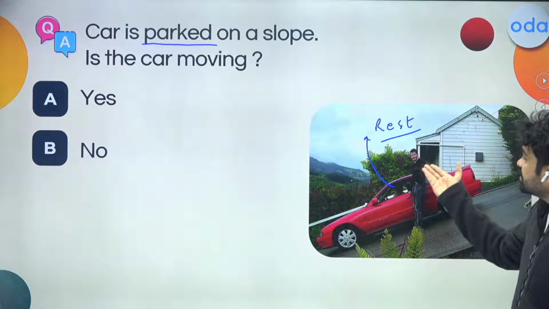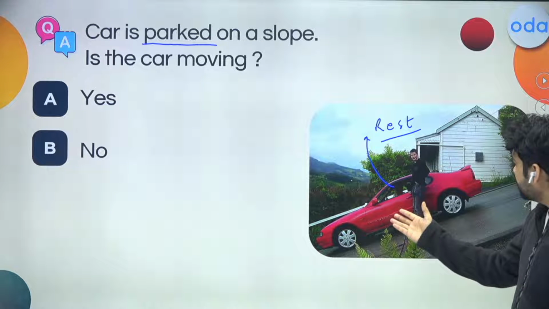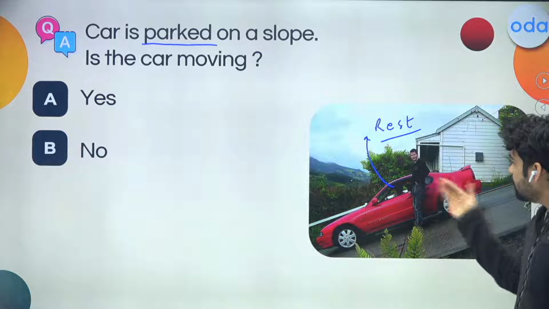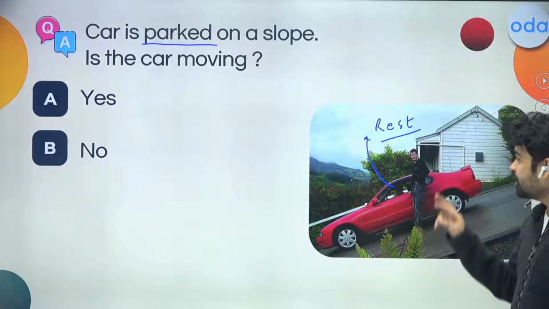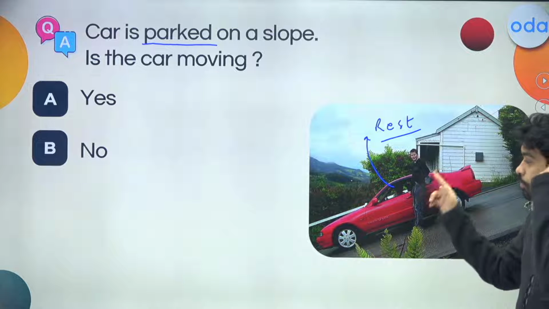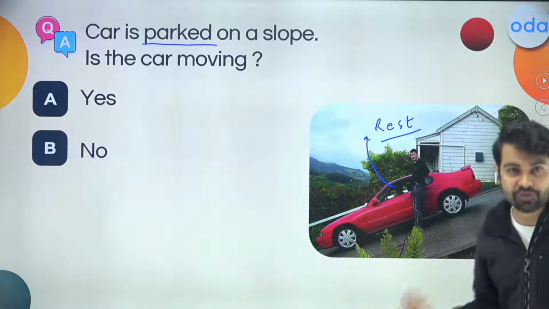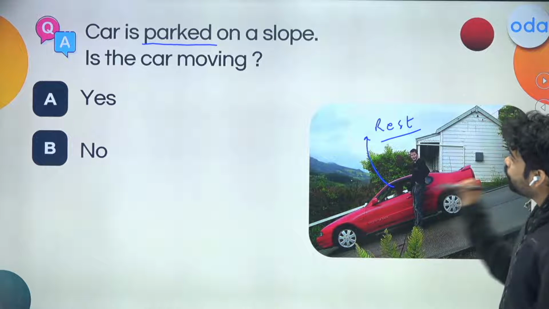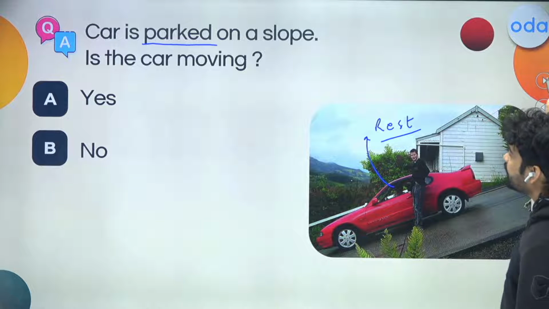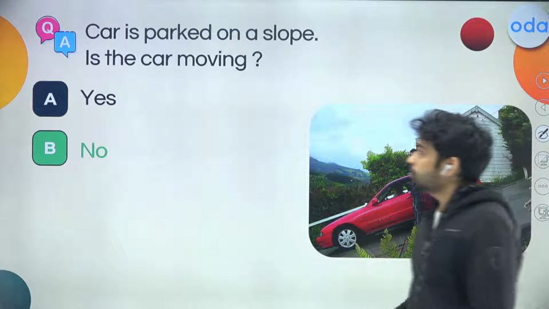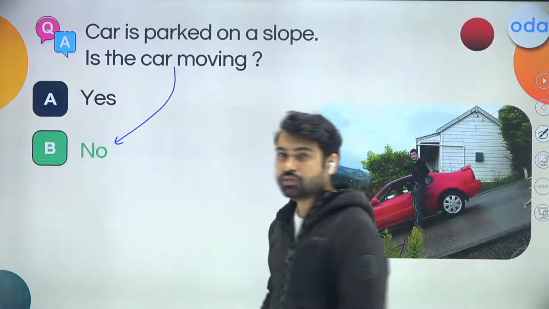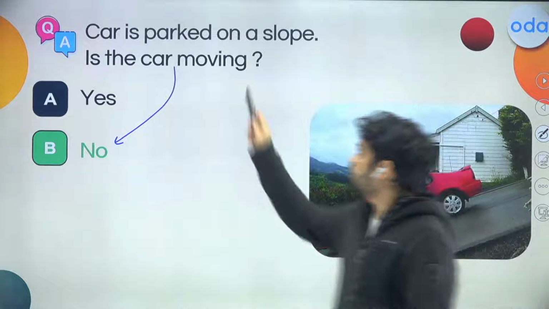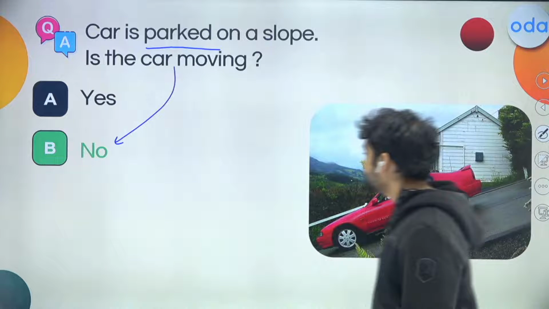And this guy having quite an awesome car, if his car moved outside, an accident would take place and he would not like it. So he would probably be behind the wheel if it were not parked. So for this quiz we can say that no, the car is not moving. The car is at rest because the car was parked.